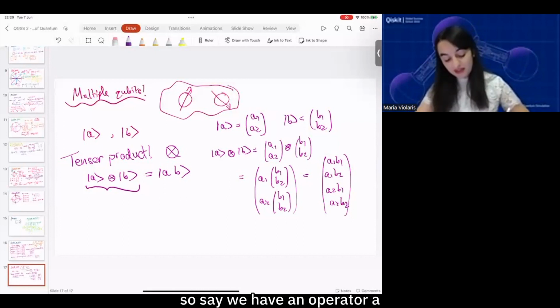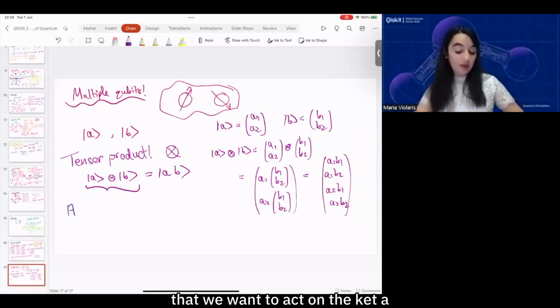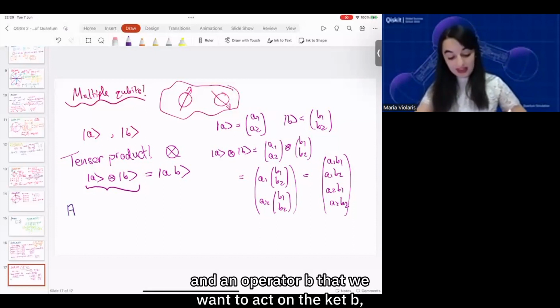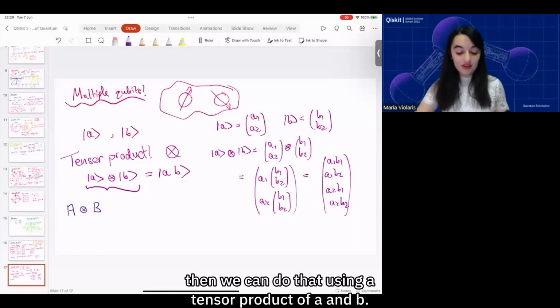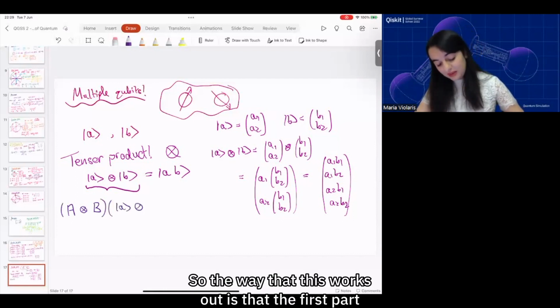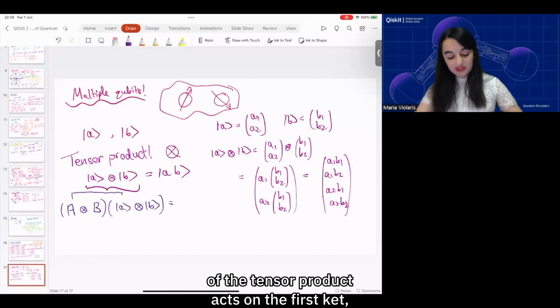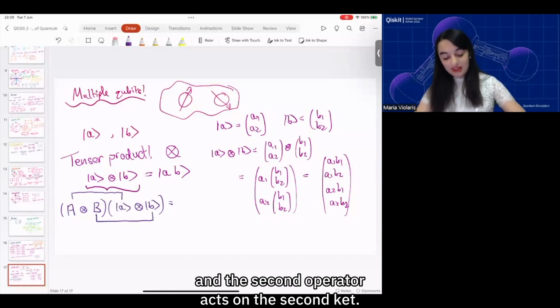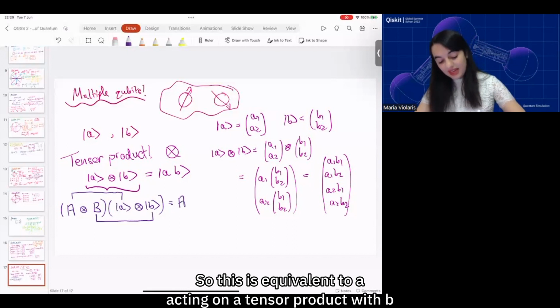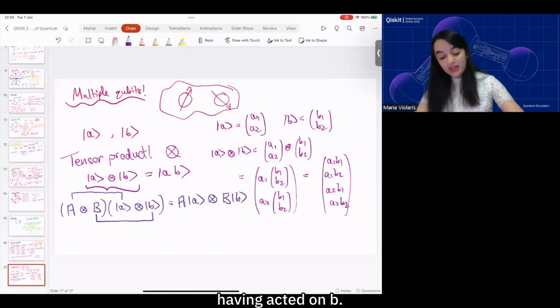So say we have an operator A that we want to act on the ket A, and an operator B that we want to act on the ket B, then we can do that using a tensor product of A and B. So the way that this works out is that the first part of the tensor product acts on the first ket, and the second operator acts on the second ket. So this is equivalent to A acting on A, tensor product with B having acted on B.